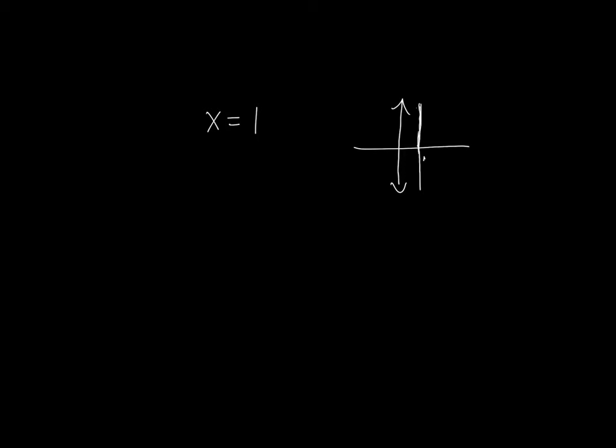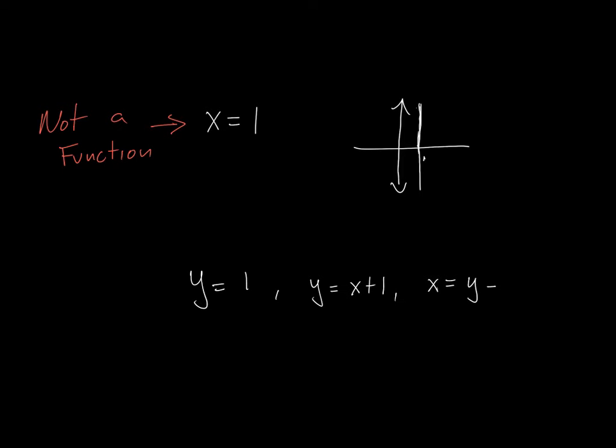So whenever you have x equals something, it's not a function. But if you have y equals 1 or y equals x plus 1 or x equals y minus 8, that will still be a function.